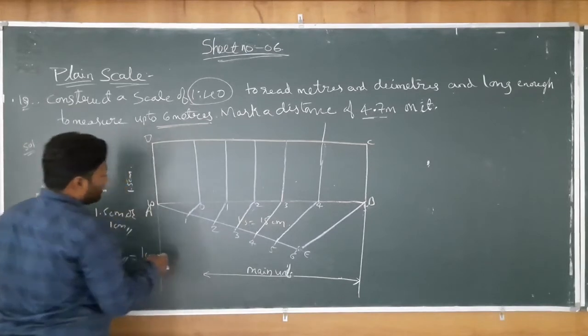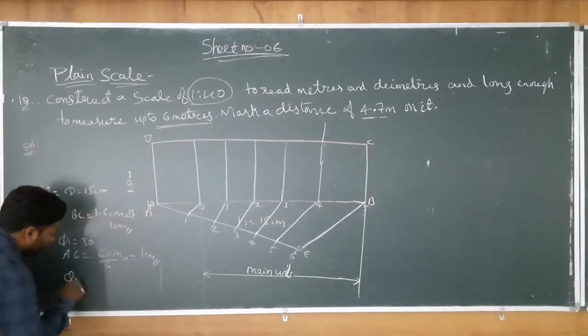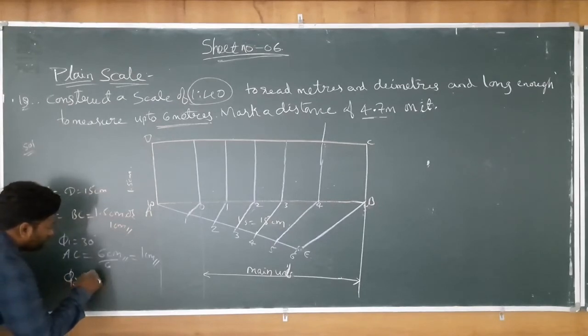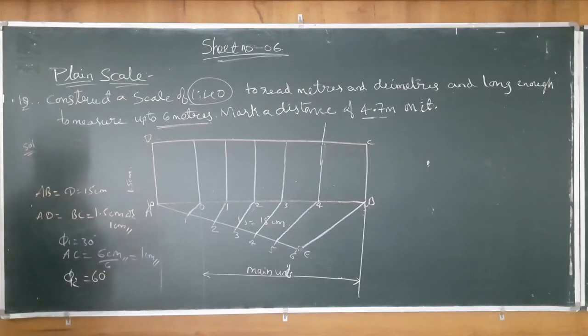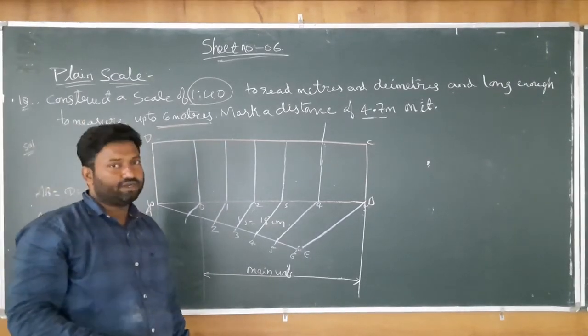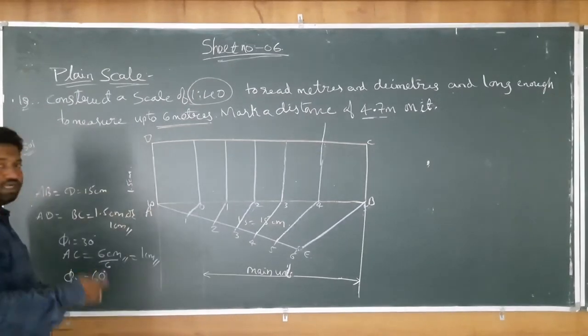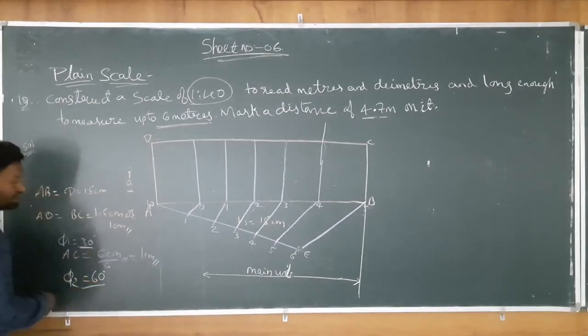For that again I have to draw an inclined line, theta 2, and this theta 2 should be equal to 60 degree, approximately. You can take theta greater than 0 and lesser than 90 degree, but to draw neatly I am taking theta 1 as 30 degree and theta 2 as 60 degree.